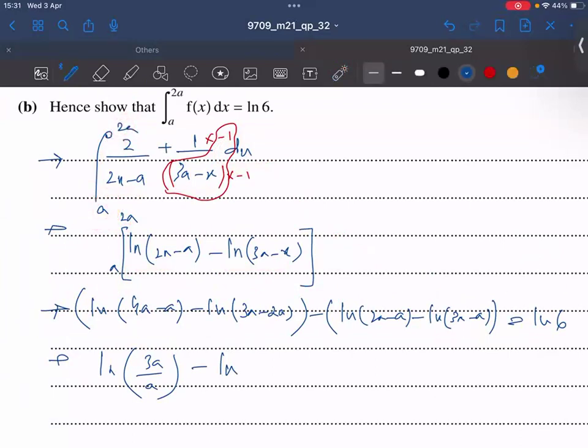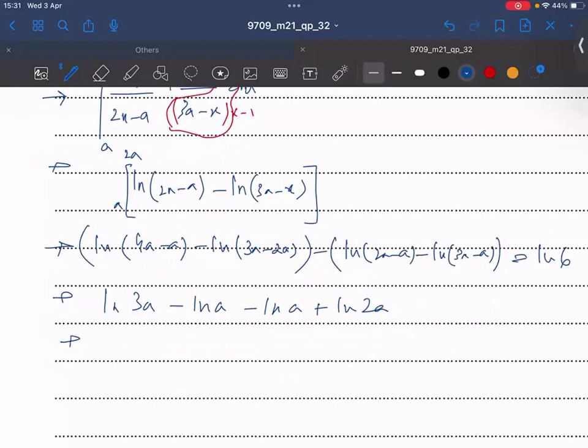So ln 3a minus ln a, minus ln a plus ln 2a.